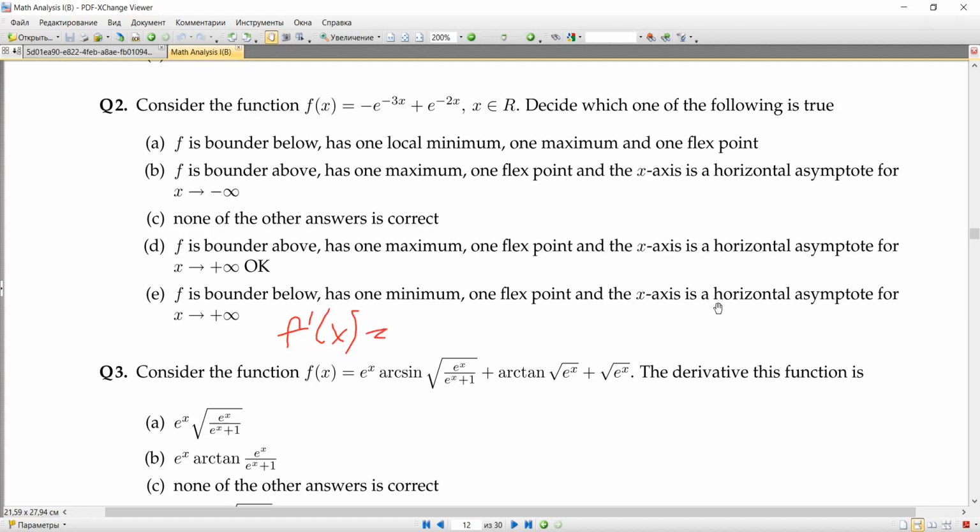What is it now? Plus e to the power of minus 3x, and minus 2 e to the power of 2x. Yeah. So here we can solve the inequality, for example, by equating to 0.